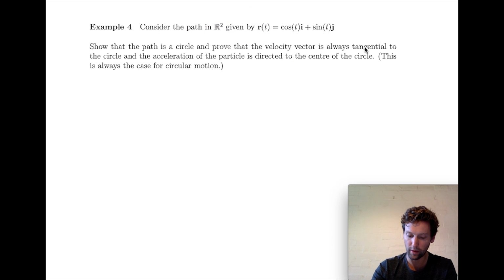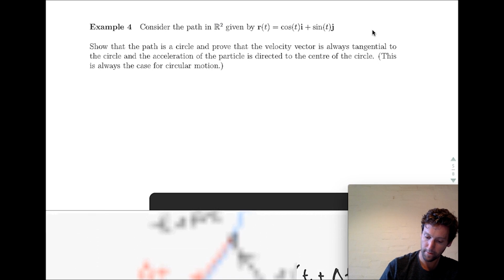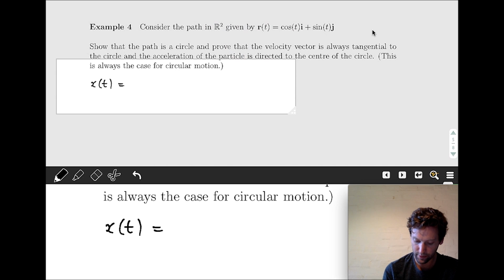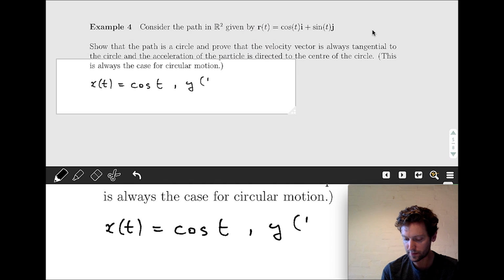We want to plot the particle's path traveling on a parametrized vector equation looking like this, cosine t i plus sine t j. So let's sketch what that looks like. You notice that my x of t, in this case, is going to be given by cosine of t, and my y of t is going to be given by sine of t.